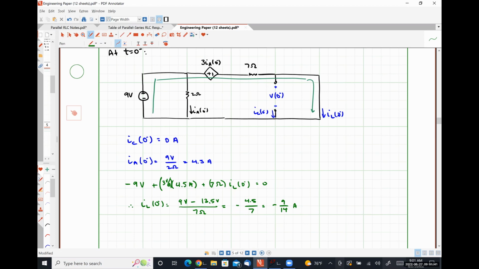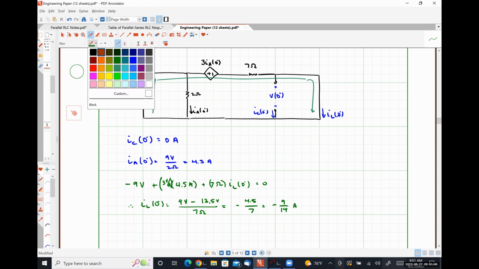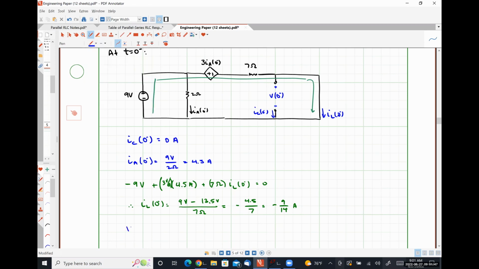And now we need V. Well, V at 0 minus has to be 0 volts because it represents the voltage drop over the short circuit that is the inductor. Okay, so we have our 3 parameters of interest, IC, IL, and V at 0 minus.